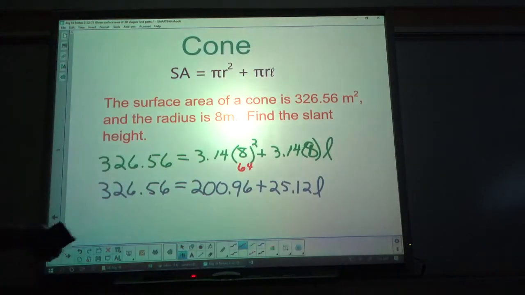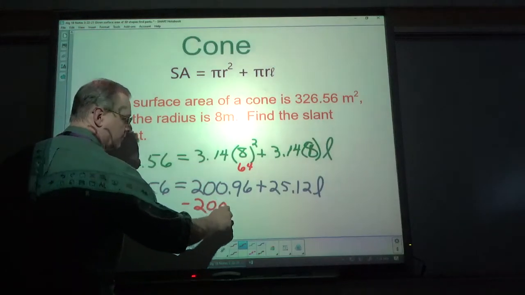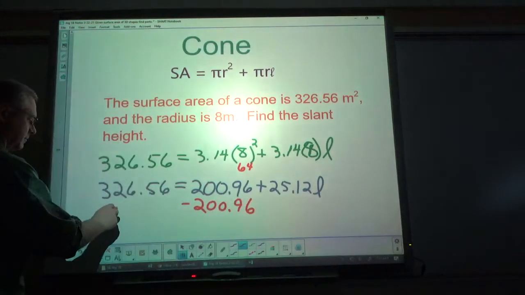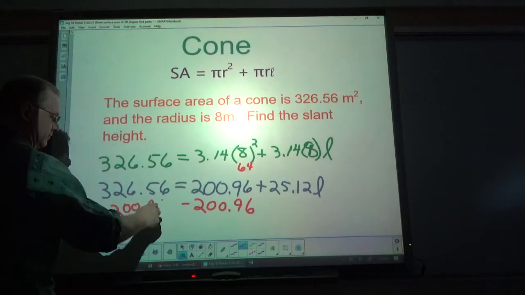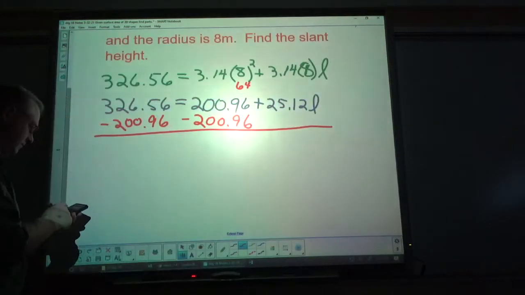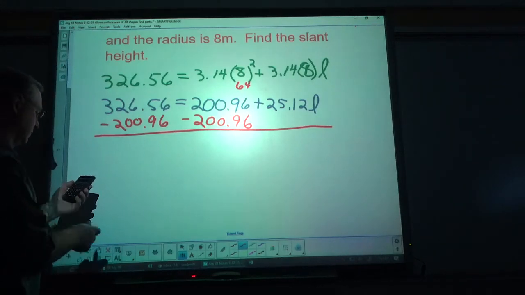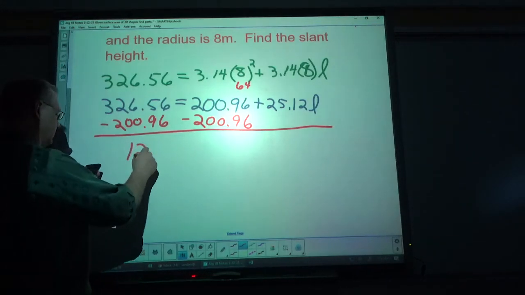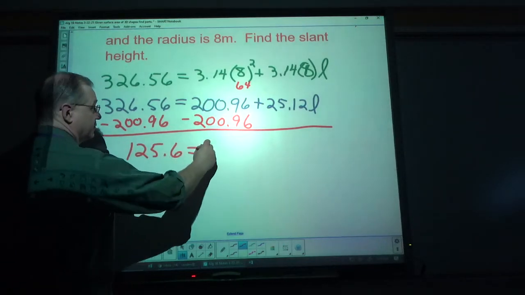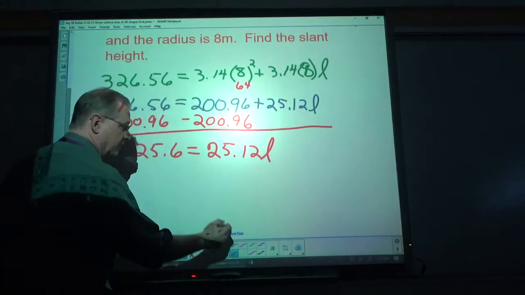All right, so I have to get rid of the 200.96. So that gives me 125.6 equals 25.12 slant height.